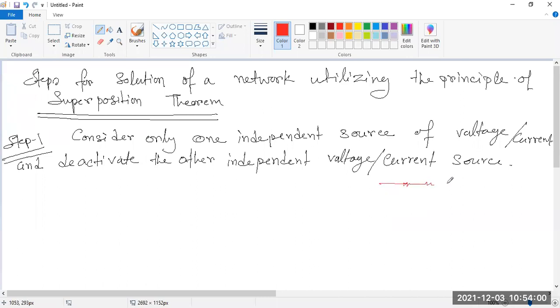If there are two sources, first solve with one, and then take the other. One at a time, you replace the other sources. For each source you have to find the current. Then step two.